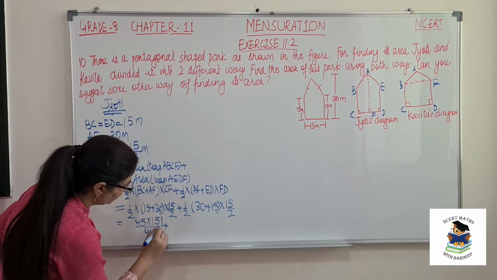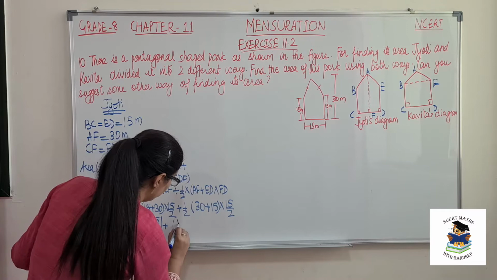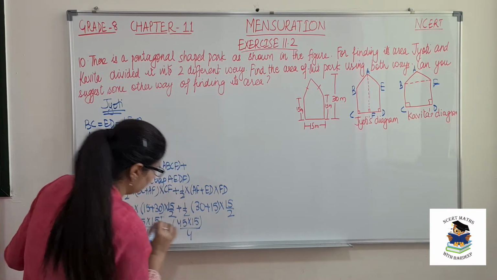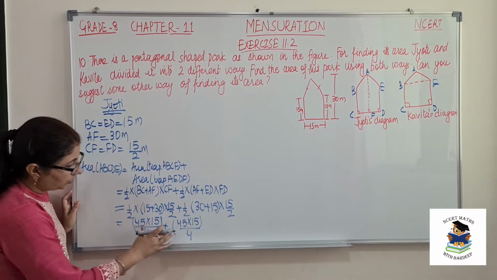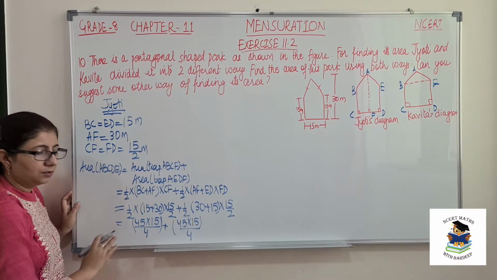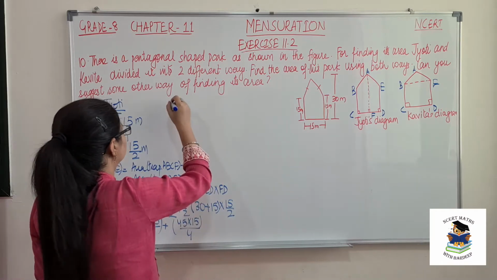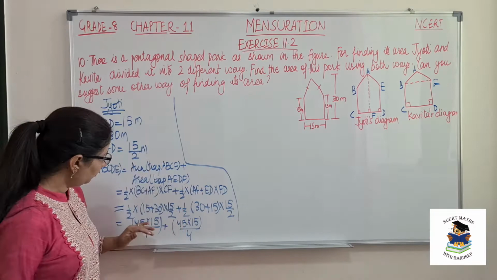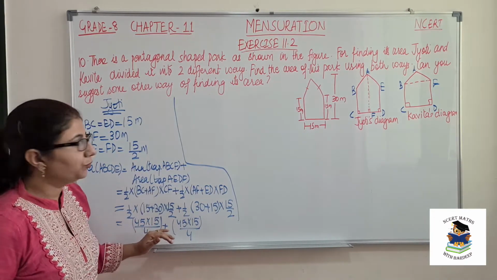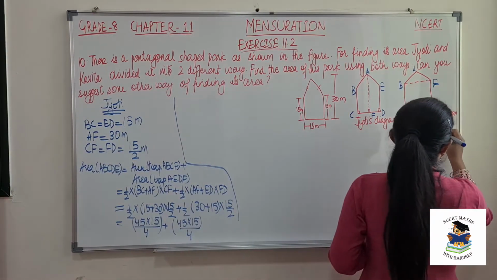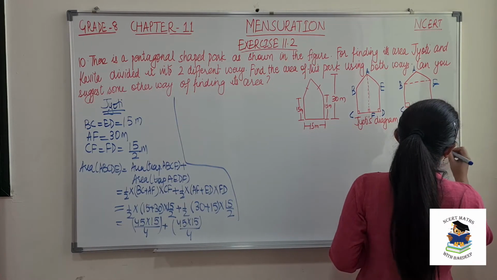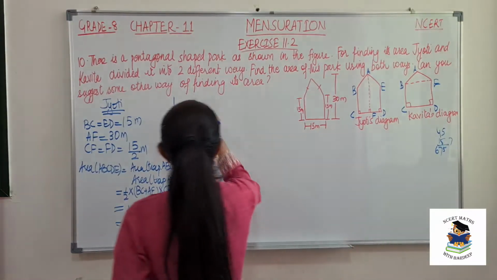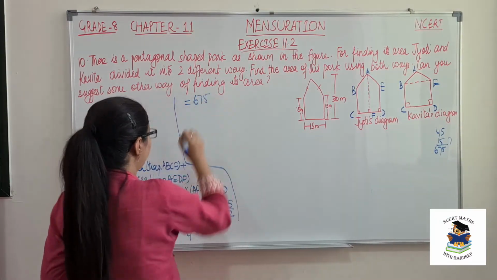Here also 45 into 15 over 4. So these are the same, so I can write them together, or as simple as you want, we can do it that way also. So now we will multiply 45 into 15. So 45 into 15 is 15 5s is 75, 15 4s are 60, that is 675. So this is 675.